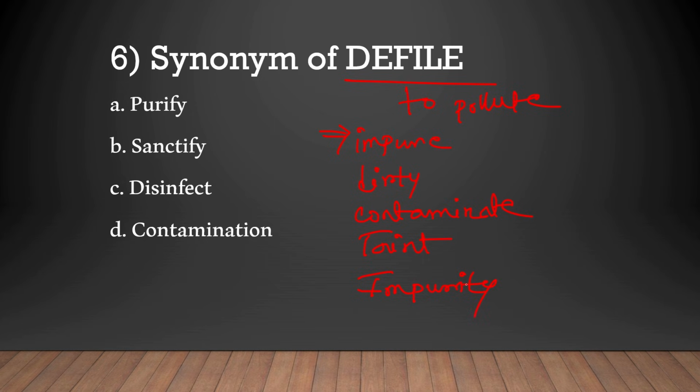So these are the synonyms of defile. So look at option D, that is contamination. Contamination means the process of making something impure or polluted by adding harmful or dirty substances.